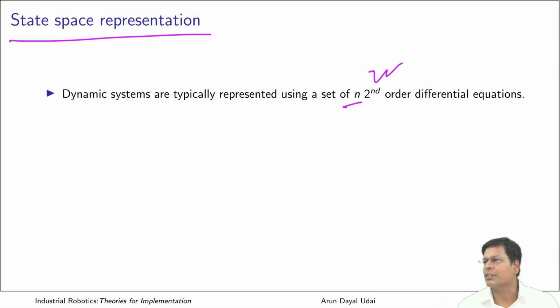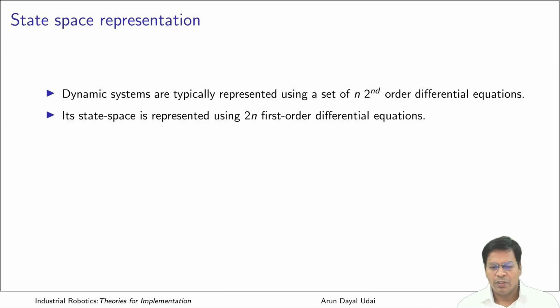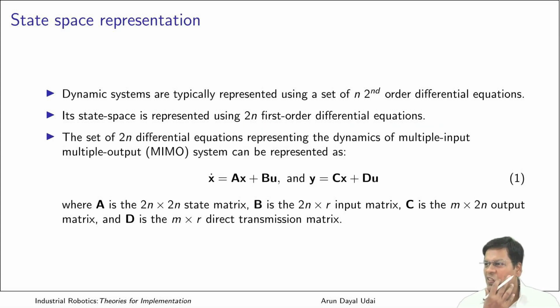Okay, so if it is n, it is 2n. So its state space is represented using 2n first order differential equations. The set of 2n differential equations representing the dynamics of a multiple input multiple output system can be represented in a compact manner. So this is your state space form.